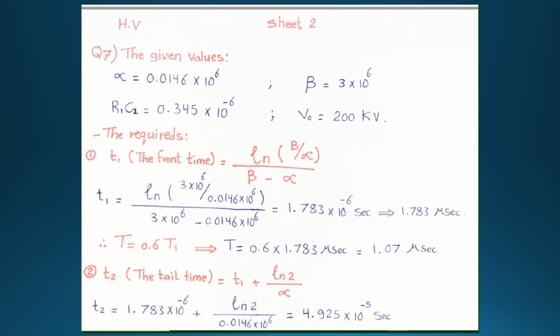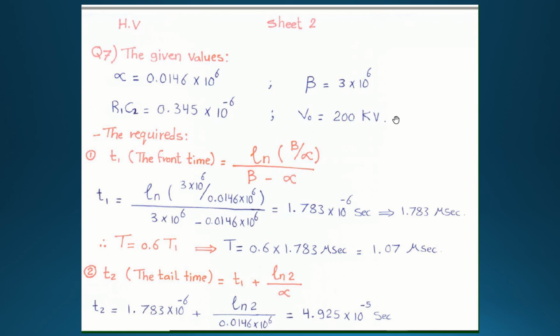In question 7, the given values: alpha is 0.0146 into 10 to the power 6, beta is equal to 3 into 10 to the power 6, R1C2 is 0.345 into 10 to the power minus 6, and V out is given as 200 kilovolt.